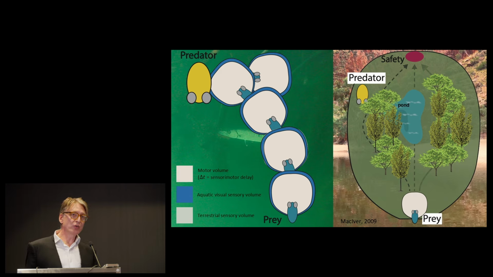And on land, you get an entirely different situation. From this perch, we have very long sight lines. Of course, if you're in this cluster of trees, you're going to have a mix of short and long sight lines.